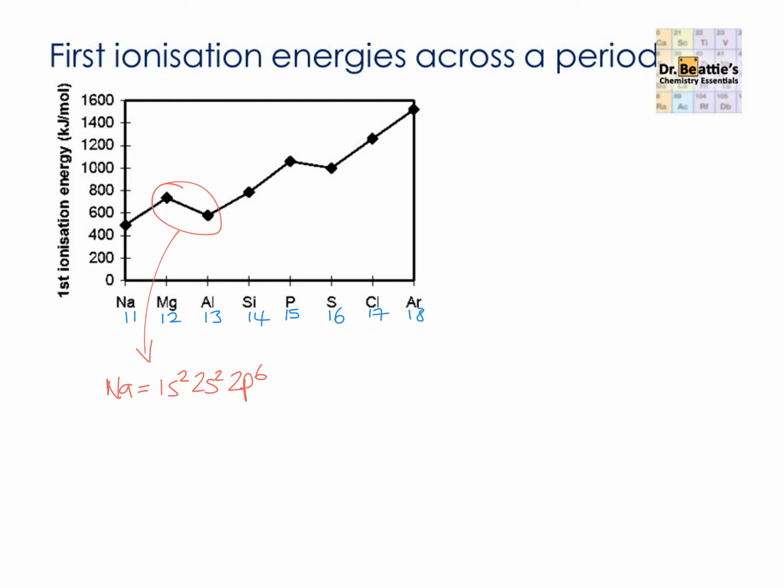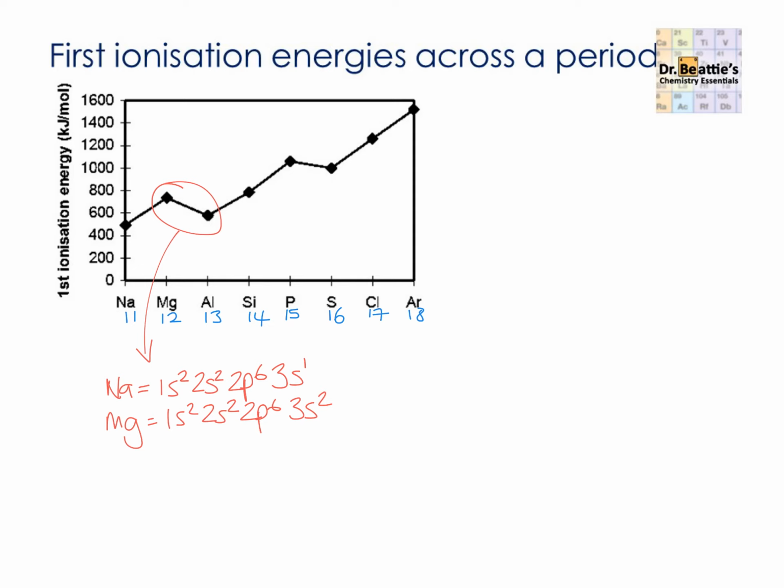So we've got a full 1 shell and 2 shell, and you can see here it's 1s2, and then because the second shell has s subshells and p subshells, it's 2s2, 2p6, so they're full. And then linking to the last subshell, we've got sodium, which is in group 1, so it has 1 electron in its outer shell. Magnesium has 1 more electron, so it's going to be 3s2.